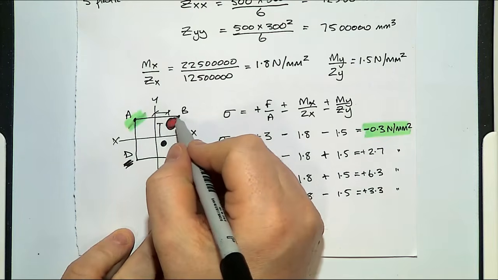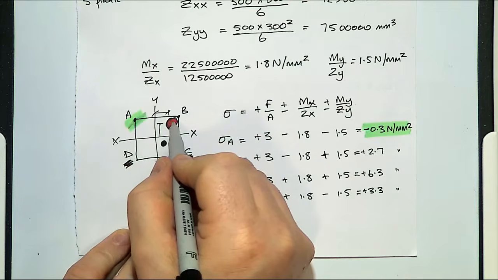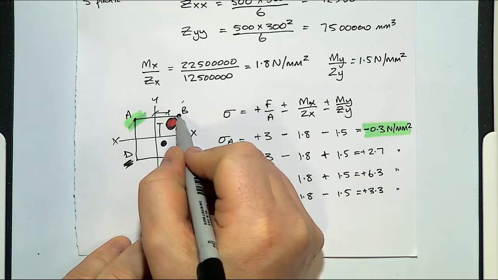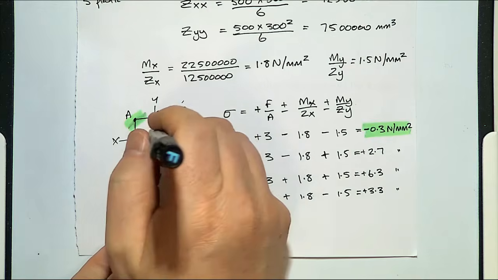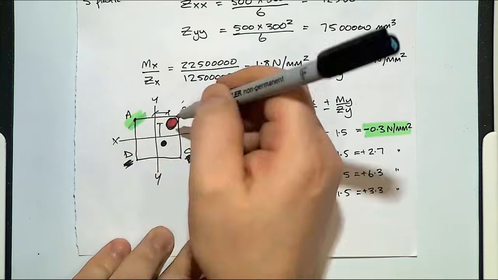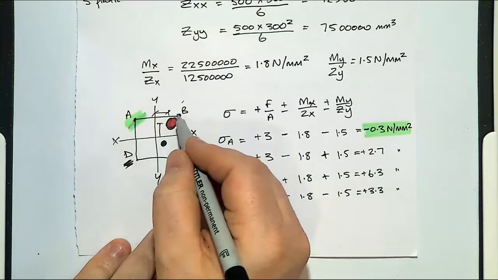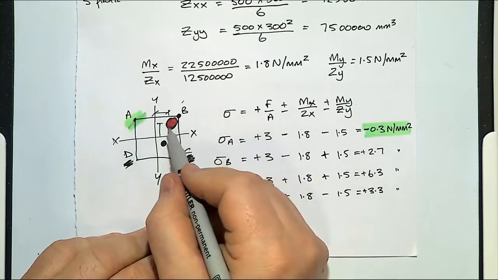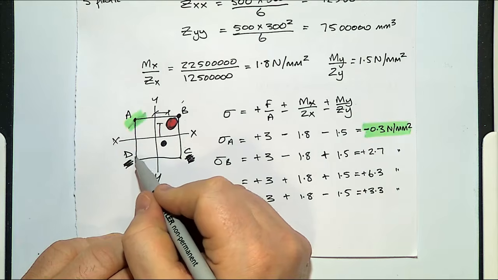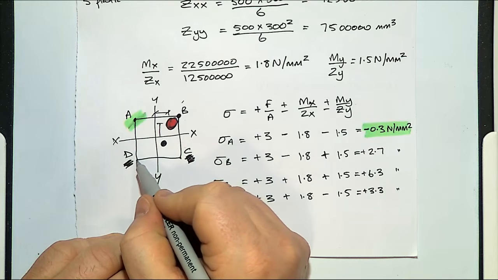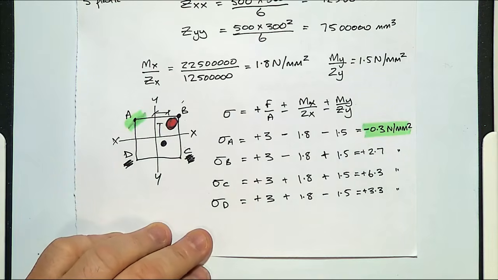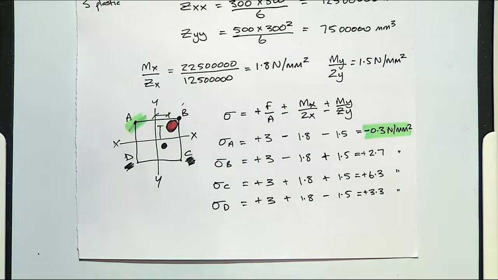So if it was on this side, as it's pushing towards this corner, it'll always be like a compression over here. But if a force is on this side, it will be creating a tension on this side. So you'll be adding the moments from this force, and you'll be taking away the moments at this side.